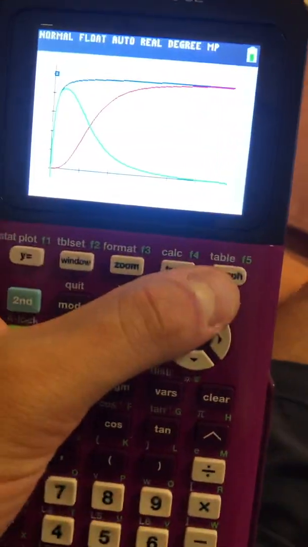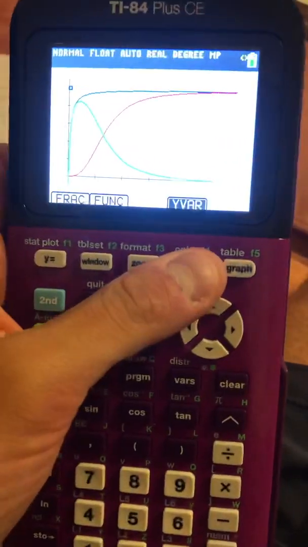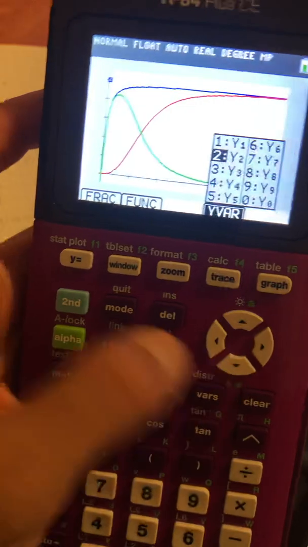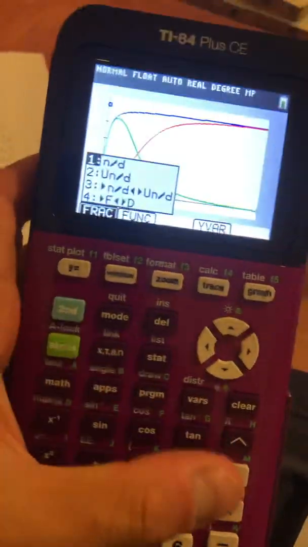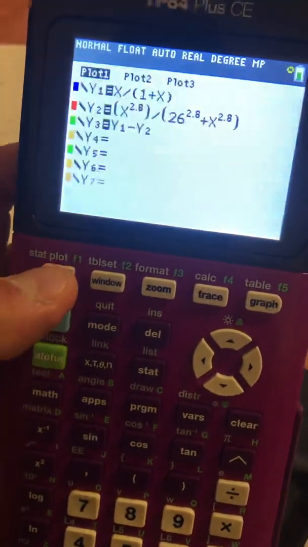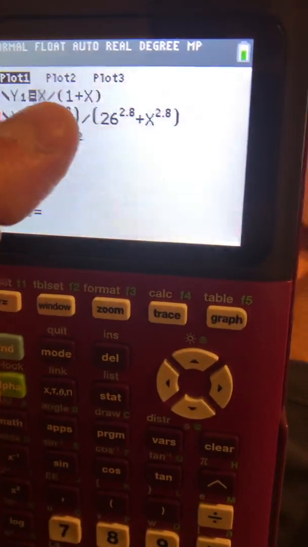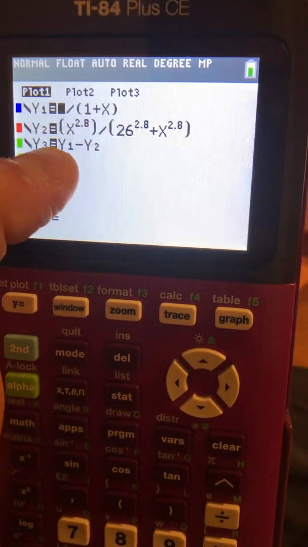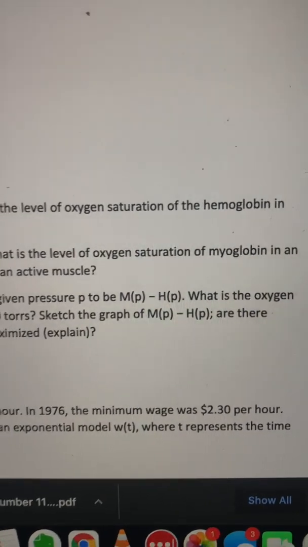Alpha trace. There we go. And you can just press enter for these and it'll put in place your Y1 and Y2 for that. So Y1 is M of P, Y2 is H of P, so Y1 minus Y2 is M of P minus H of P, which is exactly our definition.